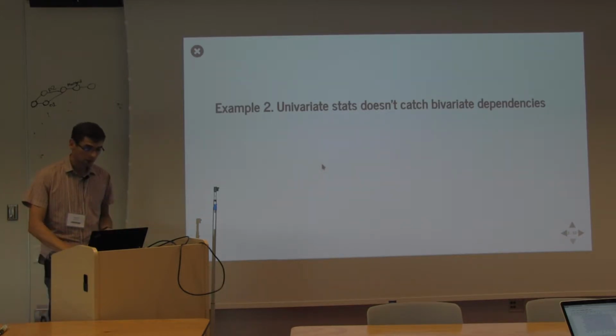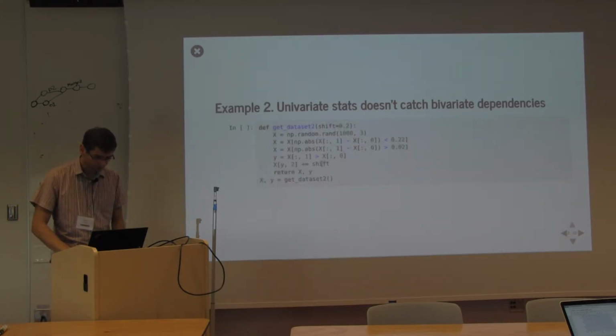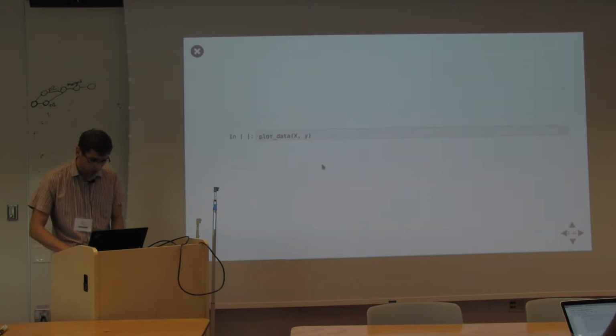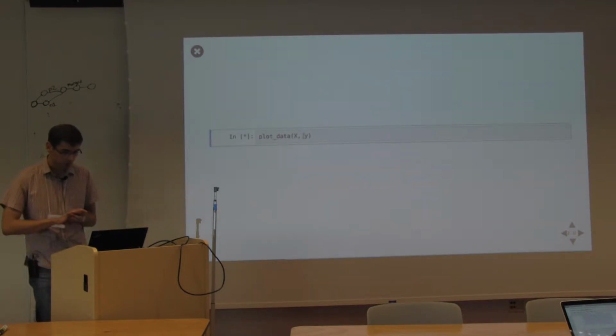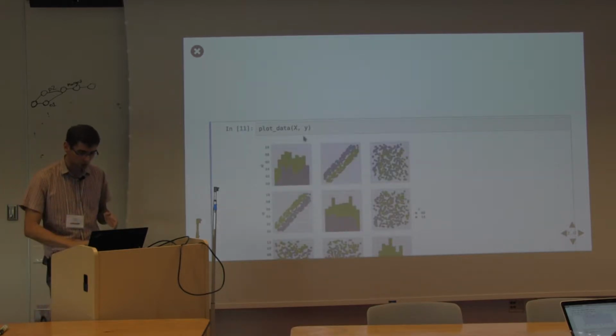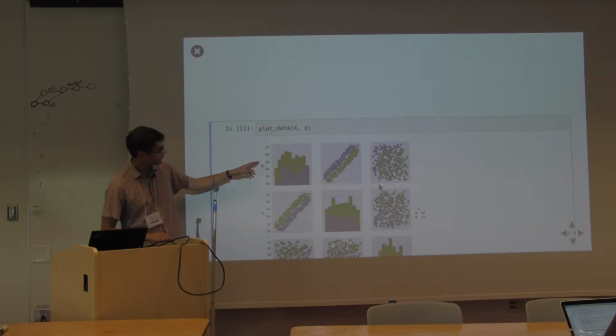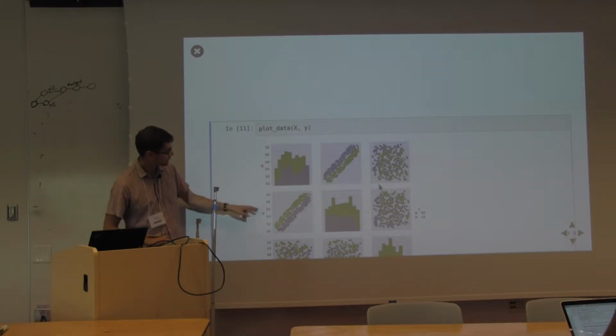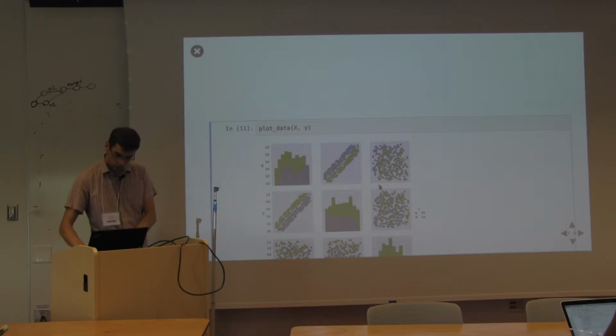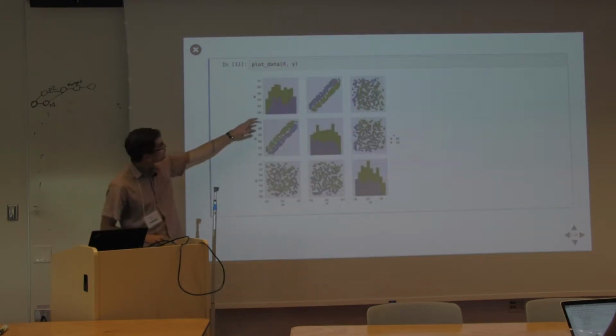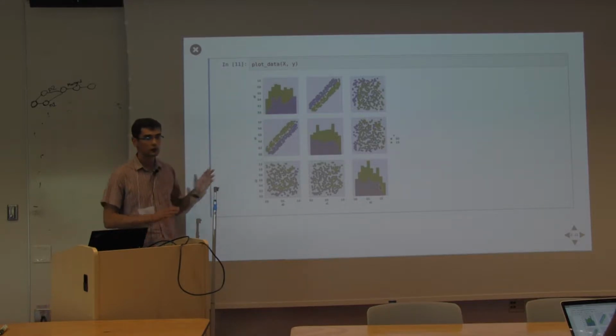So let's consider another example. It's another data set, a three-dimensional data set, and you see that we have three variables, x0, x1, and x2. Two of these variables can be used to perfectly separate the data.